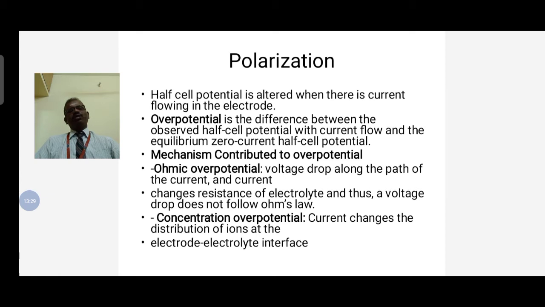There are different mechanisms contributing to overpotential. First one is ohmic overpotential: the voltage drop along the path of current, which changes the resistance of the electrolyte, and the voltage drop here does not follow Ohm's law.